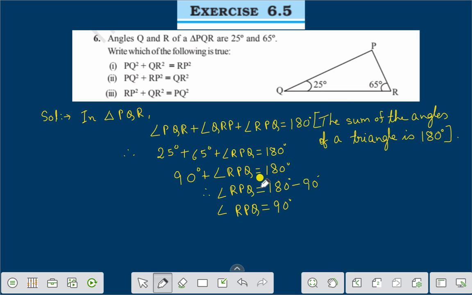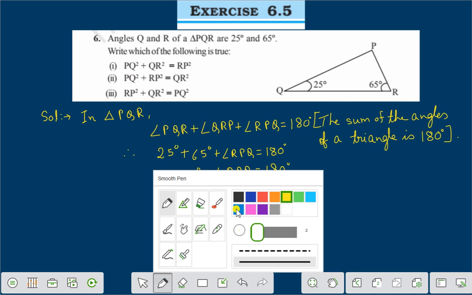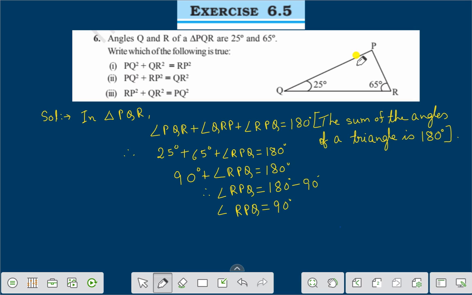Here you see this angle is 90 degree. And you know that the side opposite to the 90 degree angle is the hypotenuse. This is hypotenuse.